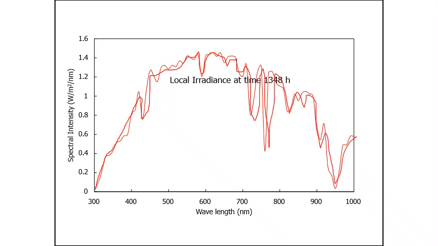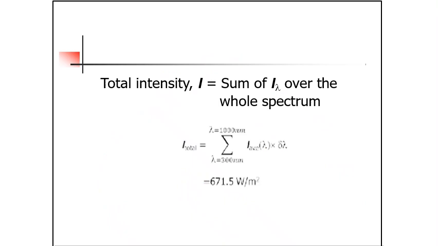If we take a very small delta lambda, and we already have the lambda in I, and then we integrate it for the whole range from 300 nanometer to 1000 nanometer, we will get the idea about the overall total spectral intensity.